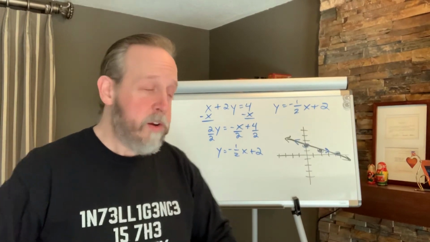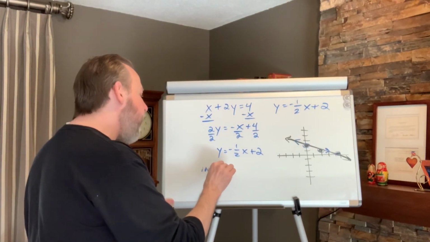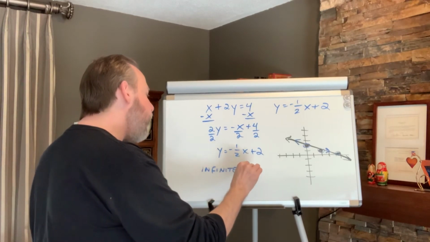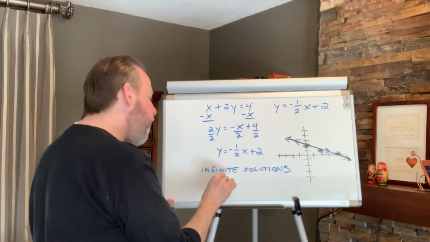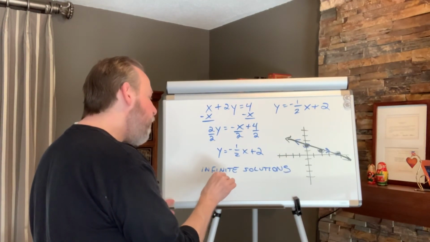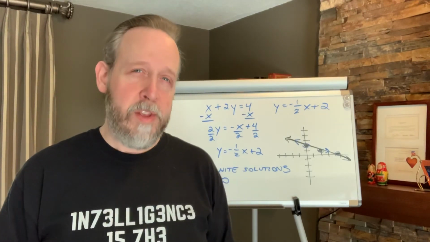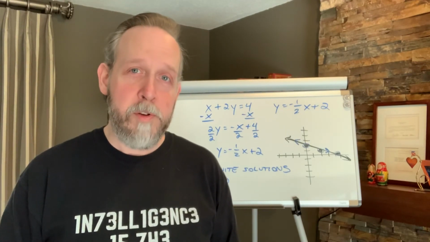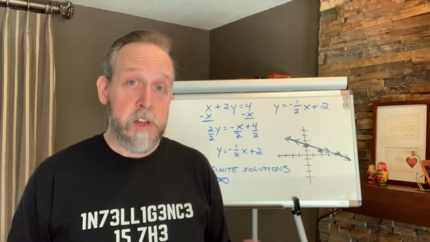What you're going to say here is that they have infinite solutions. You could spell out infinite solutions. You could use the infinity symbol if it helps you. In any case, all it means is those are the same lines, and therefore they cross everywhere. There are only three kinds of systems with linear equations.